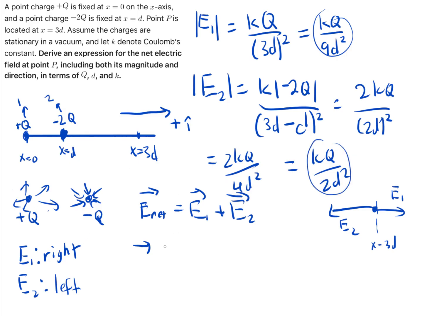Since E1 points in the positive x direction that we defined, E1 will be positive, and then E2 will be negative. So this i hat means that this is multiplied in this direction; i hat is this way, a unit vector along here, and then E2 is pointing the other way.